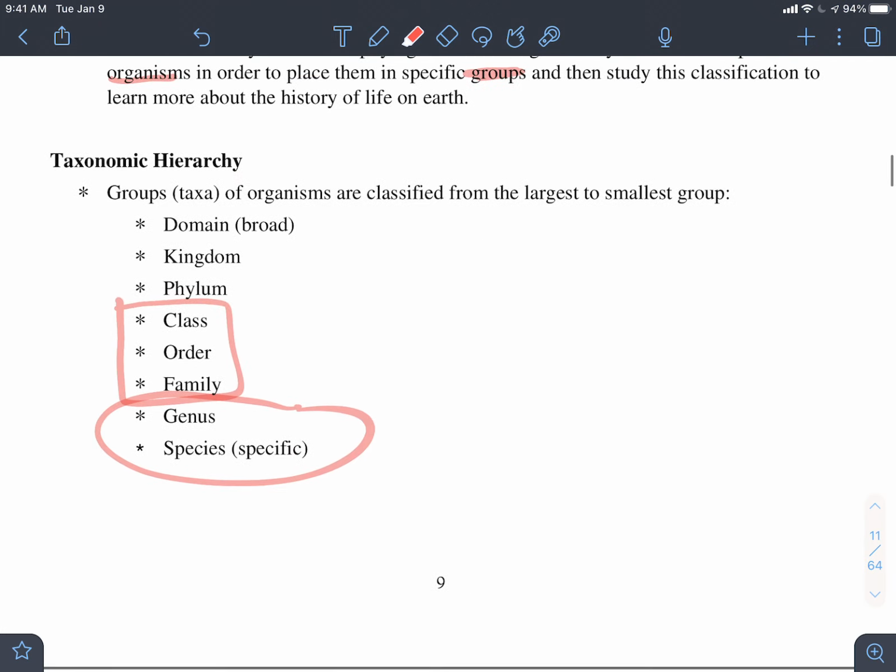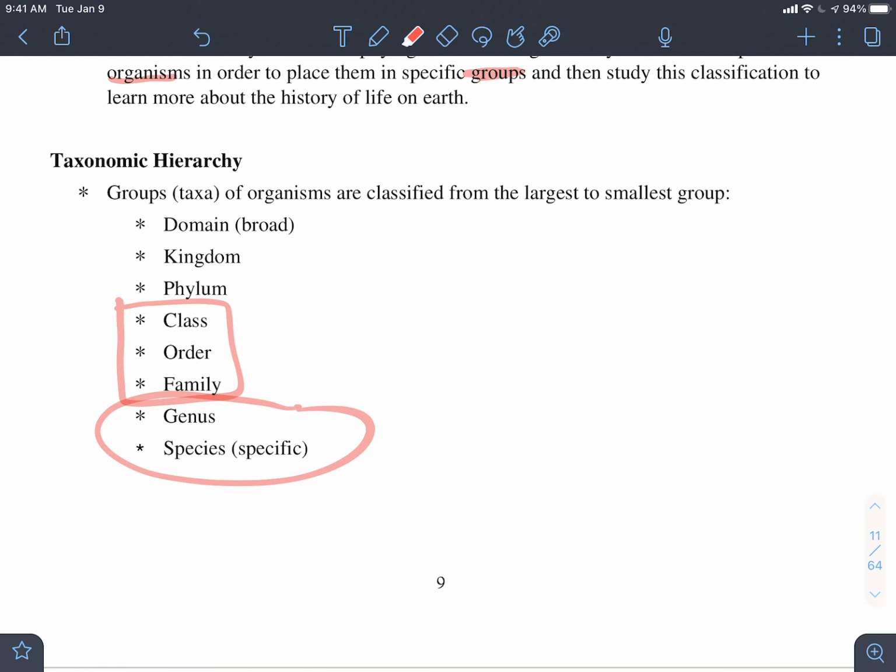So, it would be a good idea to try to get this order in your mind. This is the only time that I really will test you on this idea, that the largest organization we can do is the domain. And these domains are based on the actual cell type. So there's only really 3 cell types in all of Earth's life.